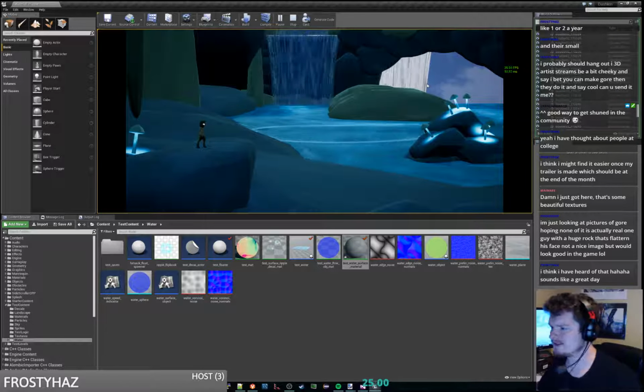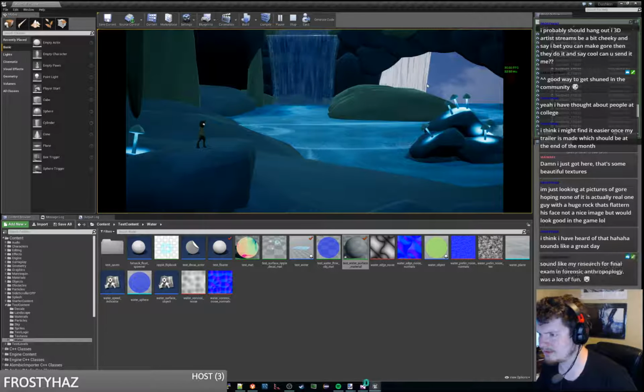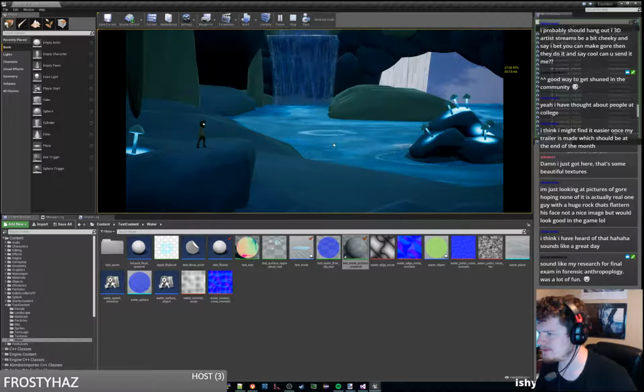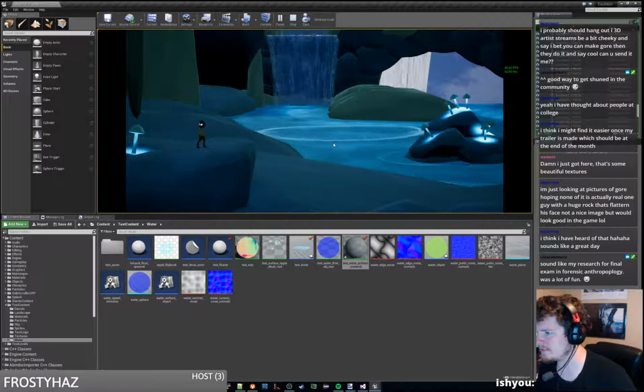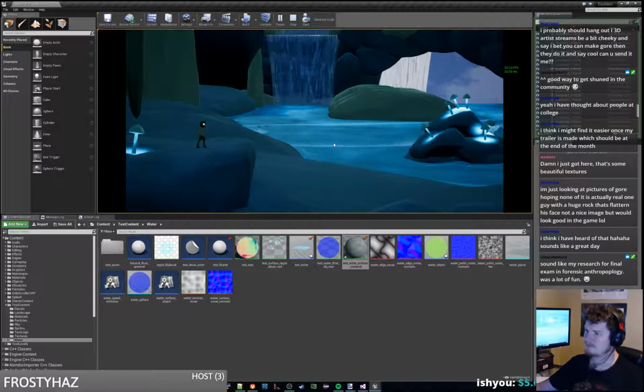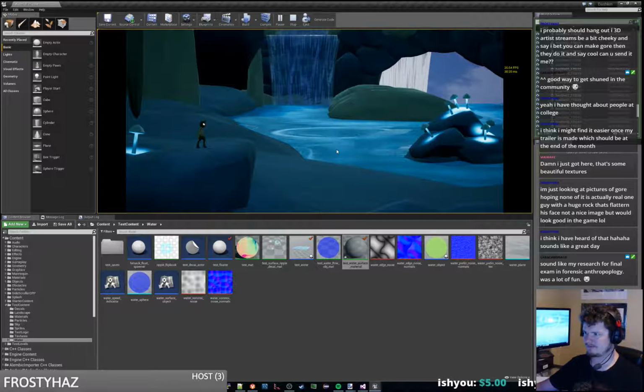Alright, so it looks like we do have some normals in there. They don't look right, though. It also lowered our frames per second by quite a bit, doing the normal stuff on that. It's not really adding much either.